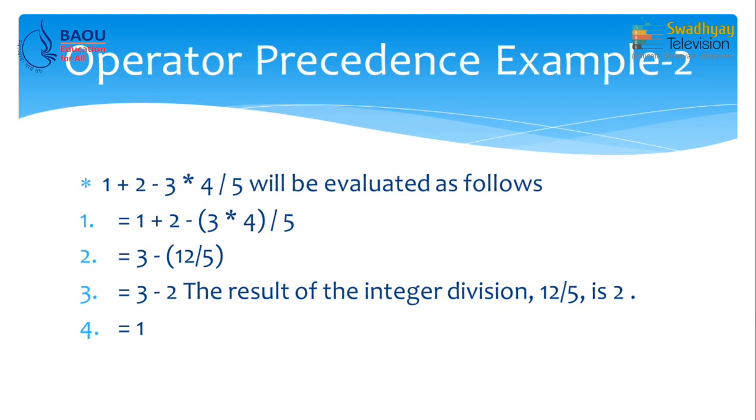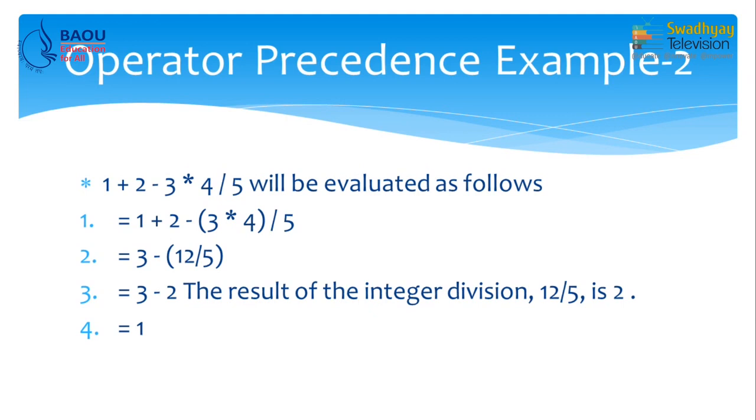So, our answer is 12 / 5, which is performed second, and 12 / 5 will result in 2, because when we divide one integer by an integer, the result is always an integer. So, we have 2, and then we have 1 + 2 = 3, minus this 2, which ultimately results in 1. So, our answer will be 1.